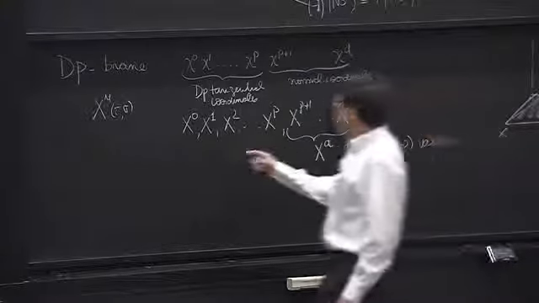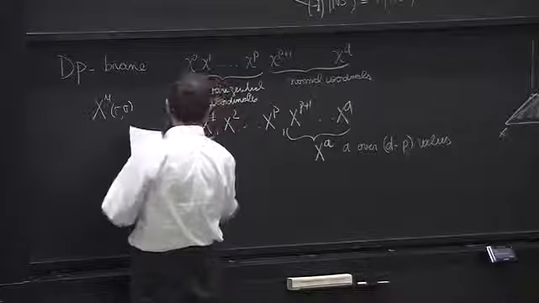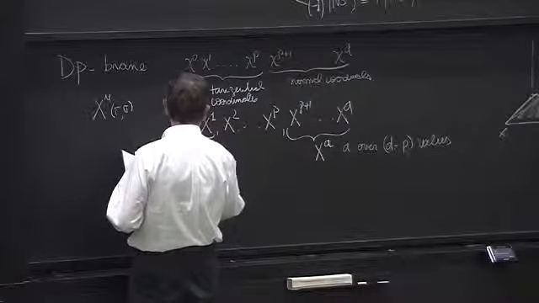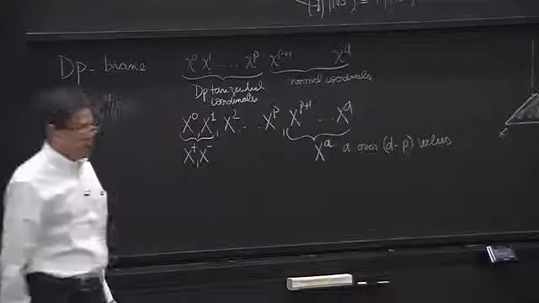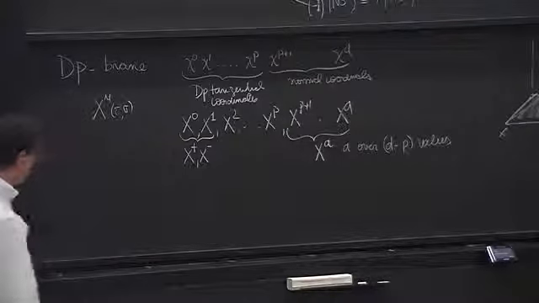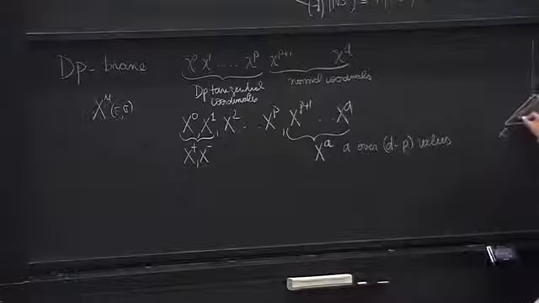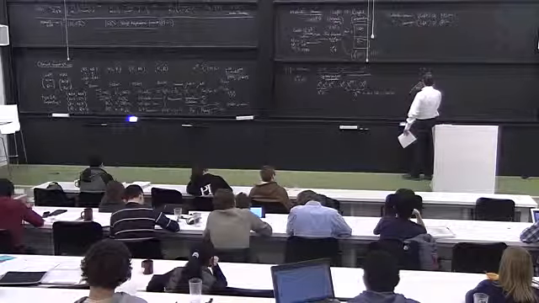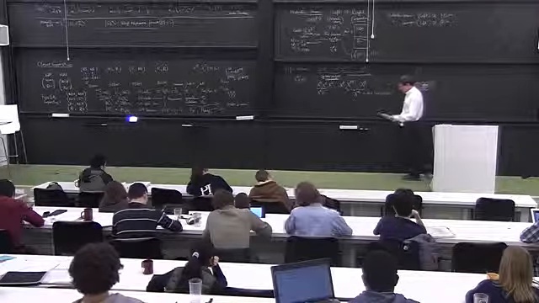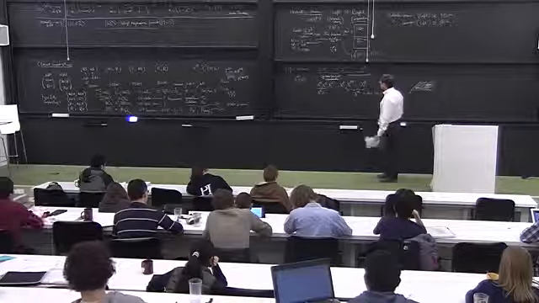And here, this we always called x plus and x minus, and these are always free boundary conditions. You see, the open string endpoints can move freely along the branes. So these are going to be free boundary conditions.